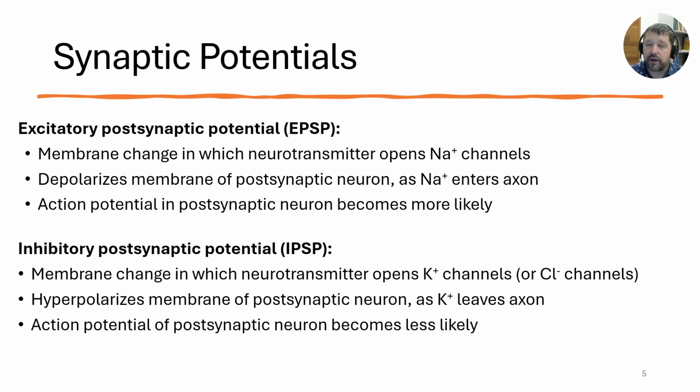You go into hyperpolarization, or a hyperpolarized membrane, which means that potassium is going to leave the axon, which changes the action potential, and it doesn't allow that action potential to occur, or at least it's less likely. In both cases, it's just a matter of likelihood, because it really depends on how much stimuli you have in the system.